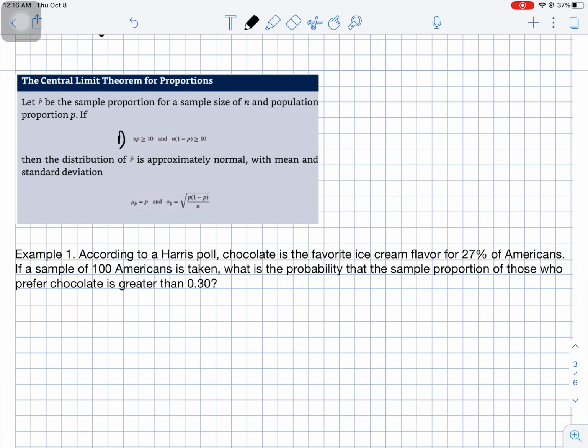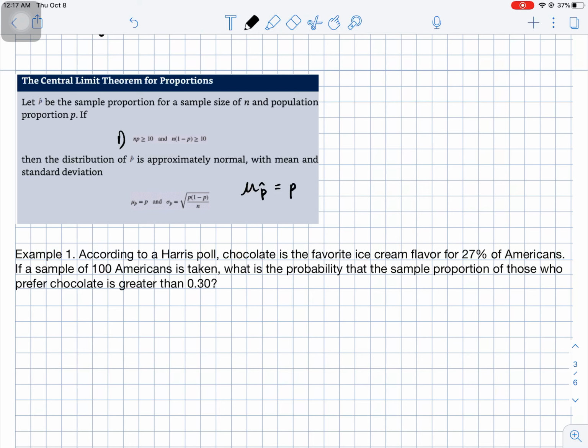The central limit theorem for proportions. In order to apply the central limit theorem for the proportion, we first need to check the condition. The first condition is n times p greater than or equal to 10 and n times 1 minus p greater than or equal to 10.